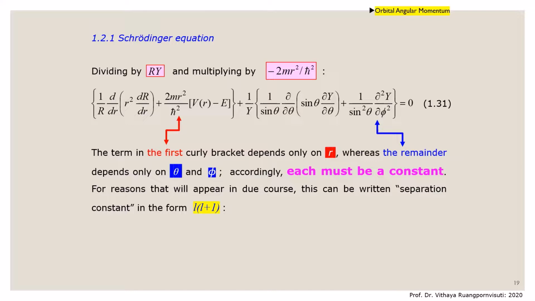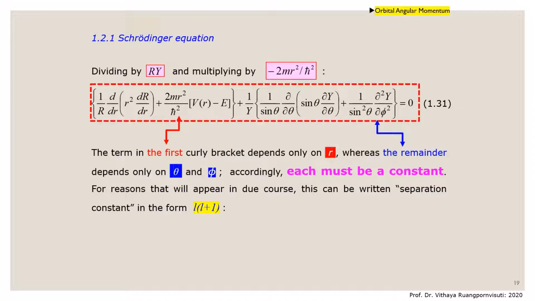Rearranging equation 1.30 by dividing by R Y and multiplying by minus 2 m r squared over h bar squared, we can obtain equation 1.31.